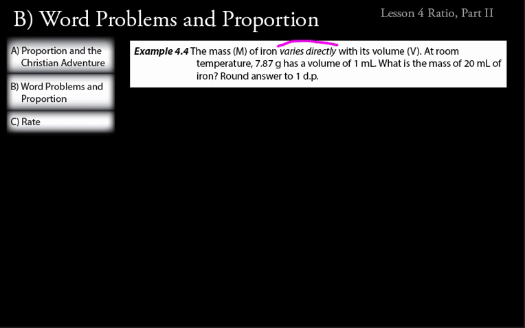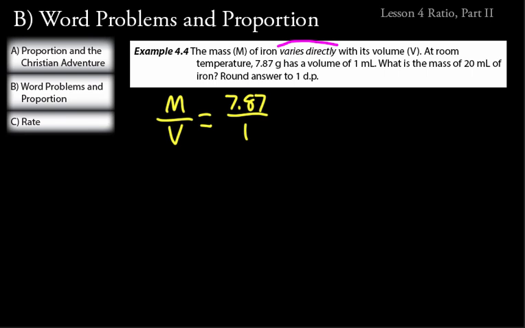Okay, so when you see that, that's telling you to set up a proportion that as this increases, that increases. As this decreases, that decreases. So mass to volume. That's actually what density is, right? Mass divided by volume. So mass over volume equals, for iron, 7.87 over 1. What is the mass?